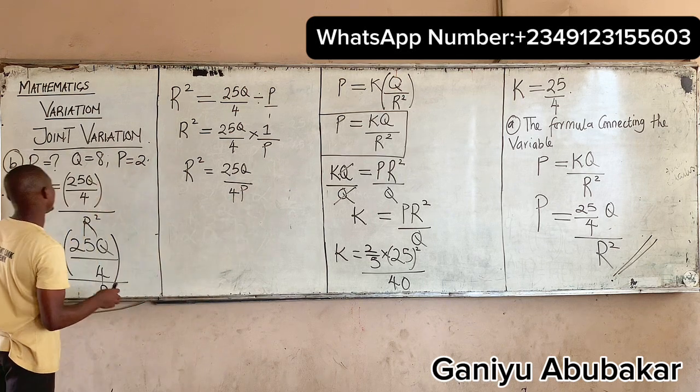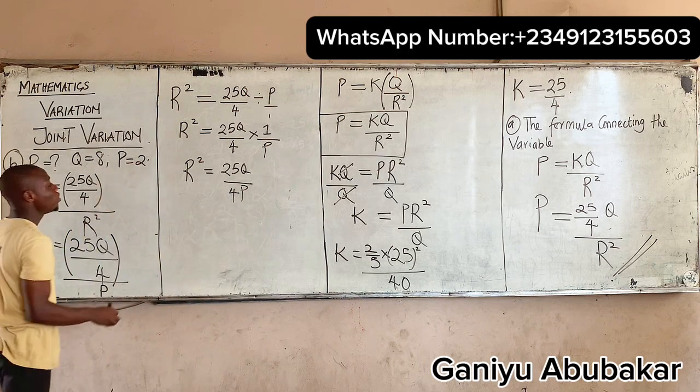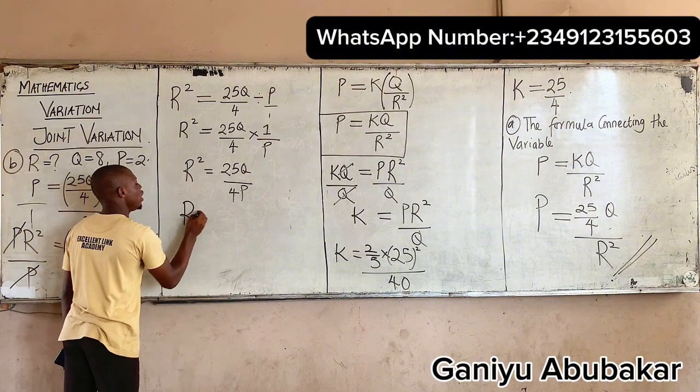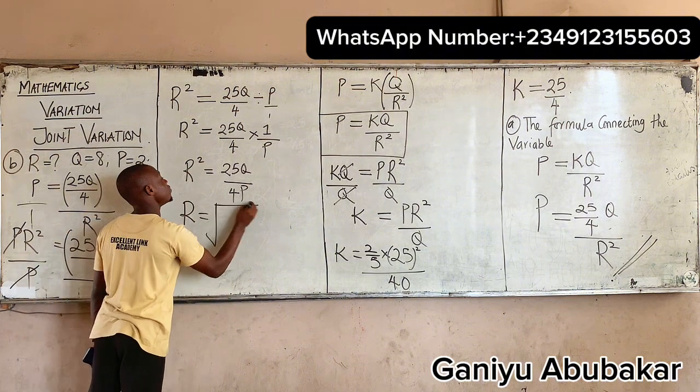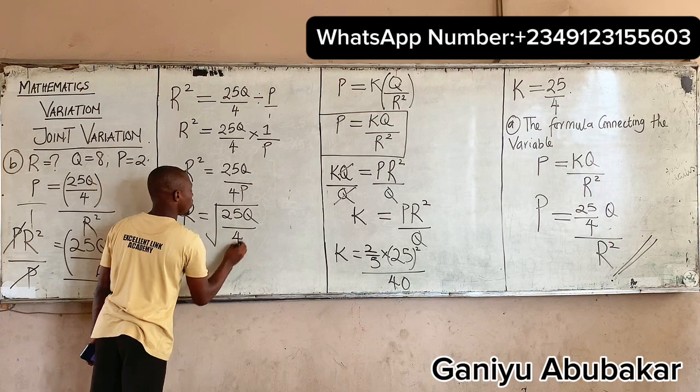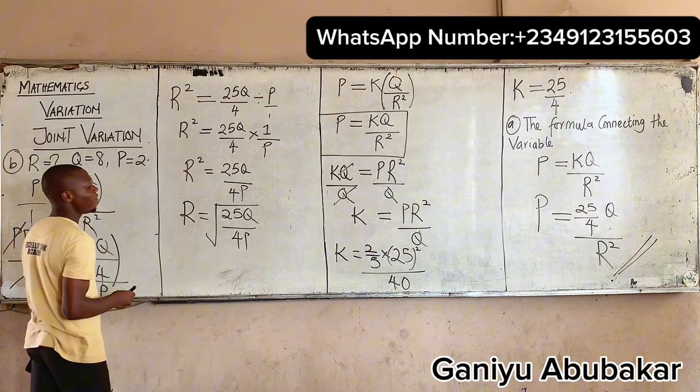Mind you, I'm asked to find R, not R squared. So if I take the square root, R is equal to the square root of 25Q over 4P.